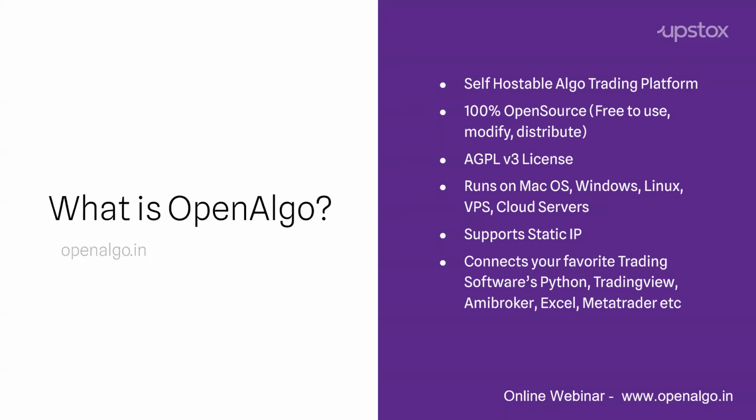They can add some features. If you want to monetize it, you can also monetize OpenAlgo. You can build some extra features for your clients and charge money on top of your service. You can provide development service on top of OpenAlgo. That is totally allowed and legal, right?